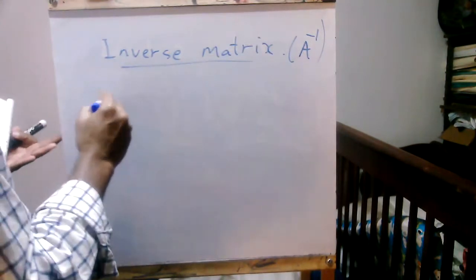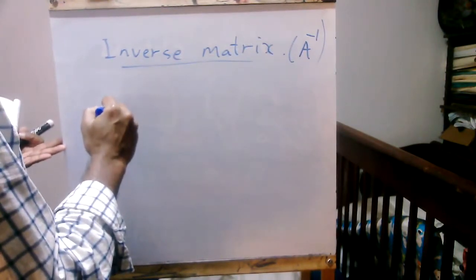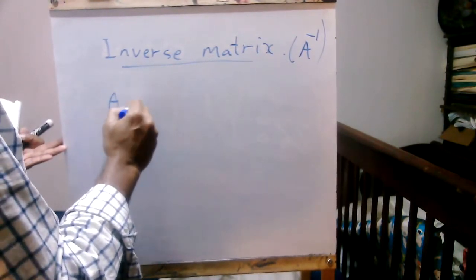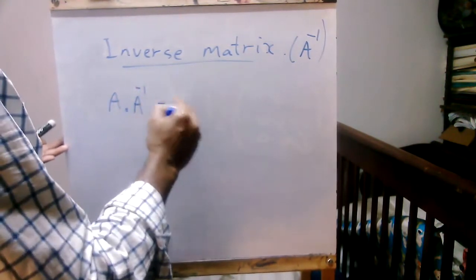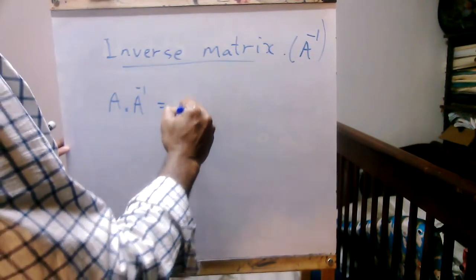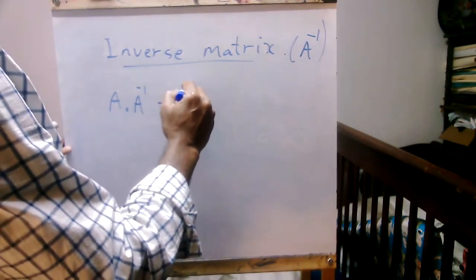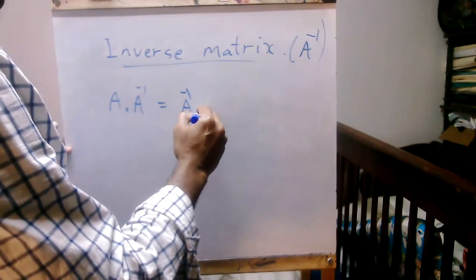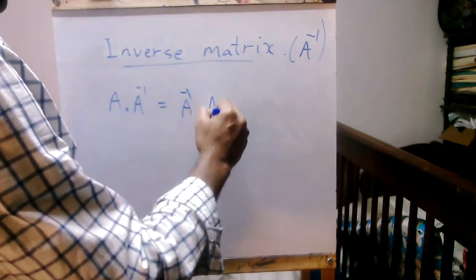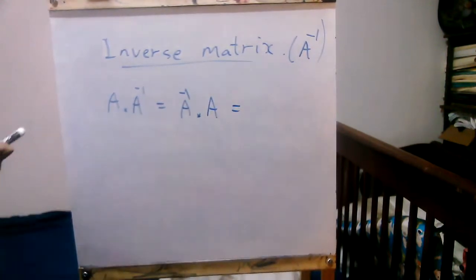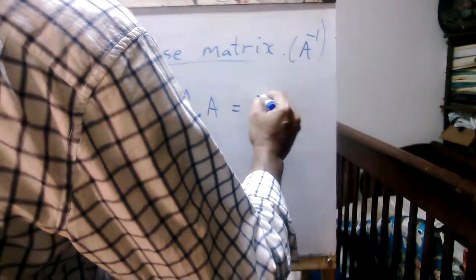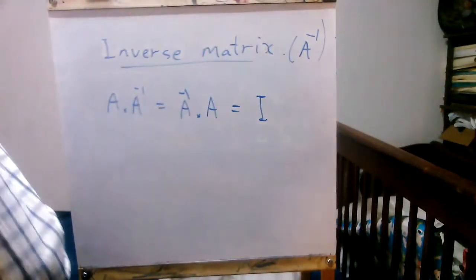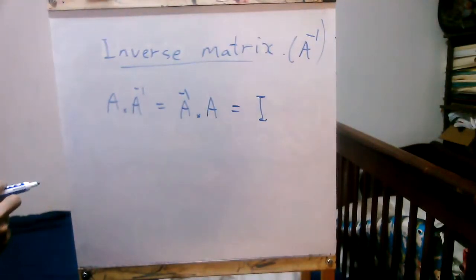It is a matrix that when we multiply matrix A with its inverse, or when we multiply inverse of the matrix with its matrix A, it should give identity matrix. Right? Identity matrix.